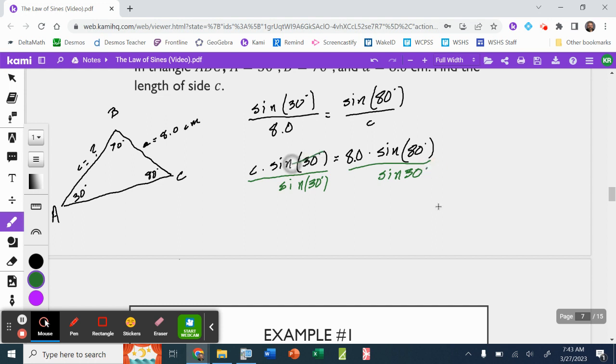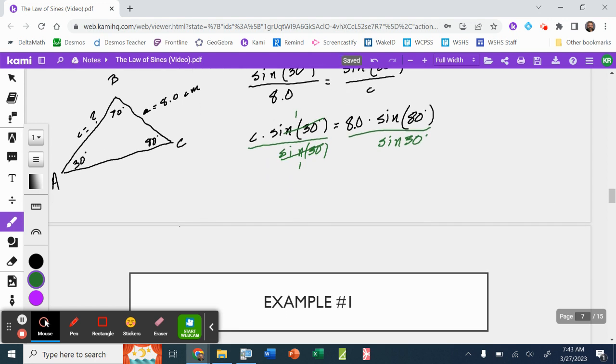Now on the left-hand side, that sine of 30 degrees in the numerator and the 1 in the denominator will simplify out. Those would just become 1. And so what I will be left with here is that c is equal to 8.0 times the sine of 80 degrees divided by the sine of 30 degrees.